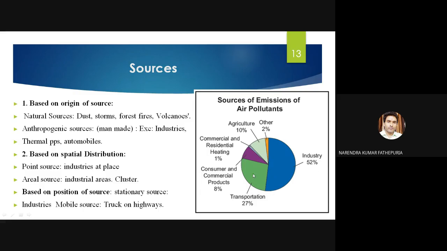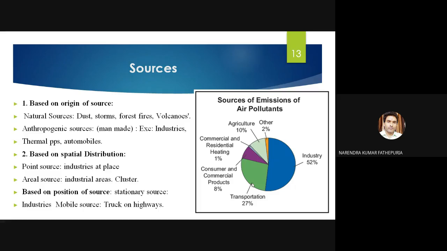Then from transportation, all kinds of transportation, rail, air, and road transport, altogether contribute 27% to this air pollution, because of traffic and air transport also, all the aircraft fuel combustion. Aircraft use high octane number gasoline, again creating pollution.